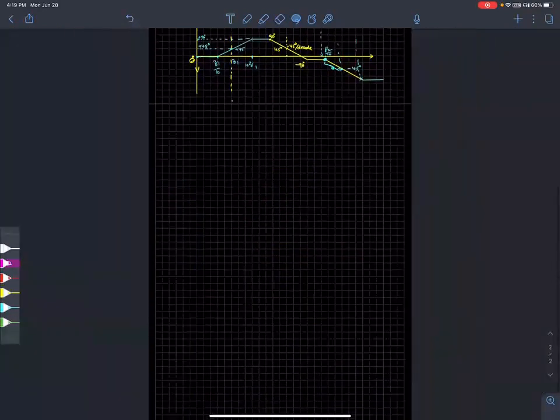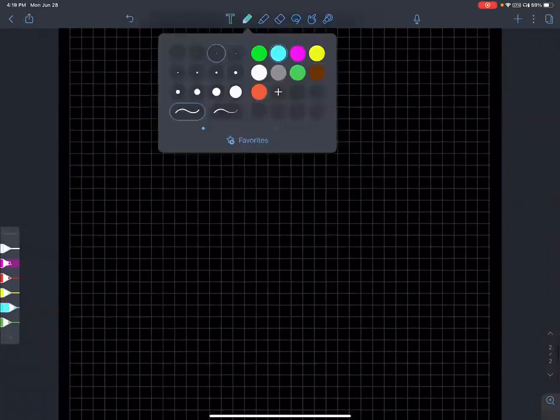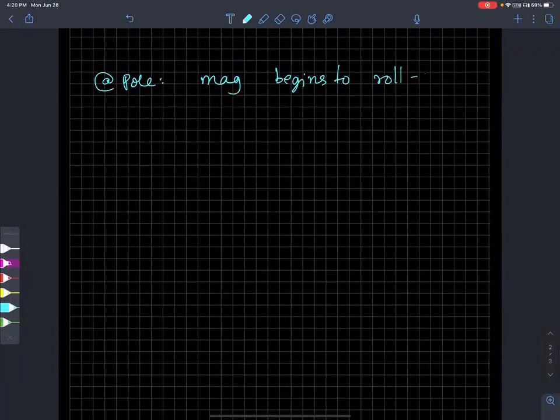Okay, so to summarize, at each pole frequency, the magnitude begins to roll off at 20 dB per decade.